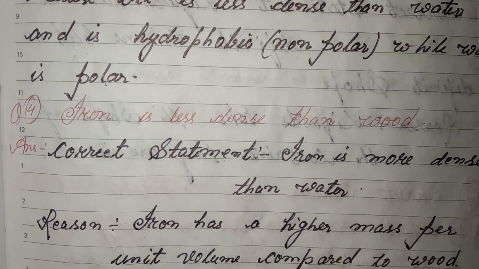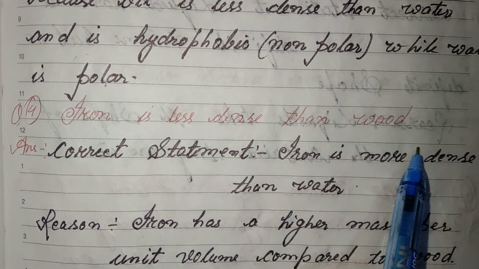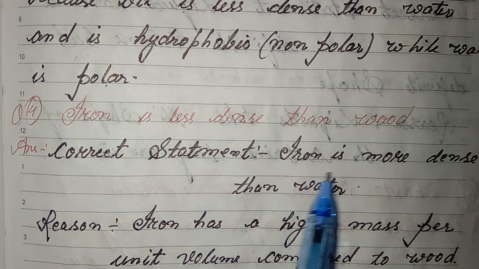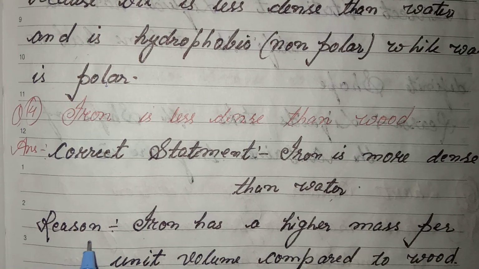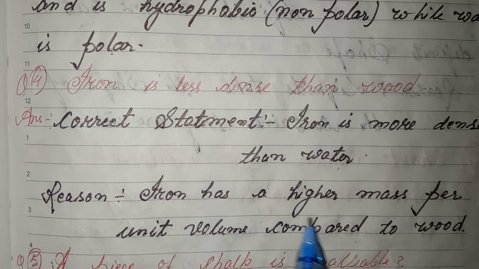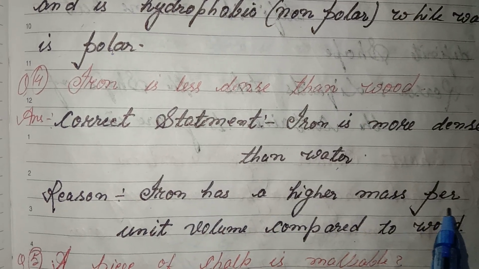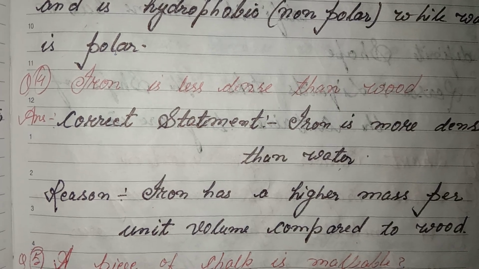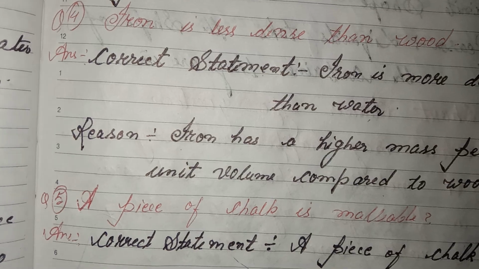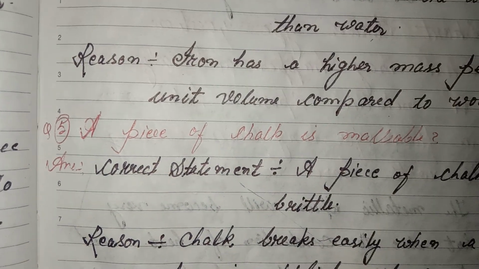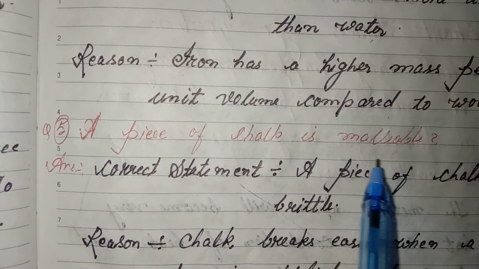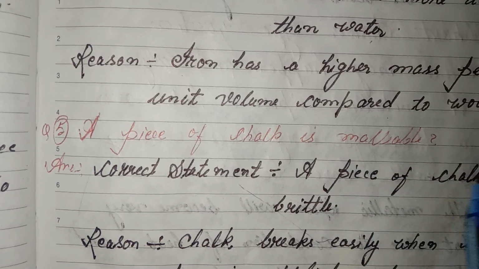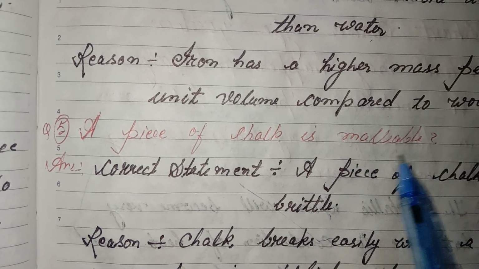Fourth, iron is less dense than wood. Correct statement: iron is more dense than wood. Reason: iron has a higher mass per unit volume compared to wood. Fifth, a piece of chalk is malleable.